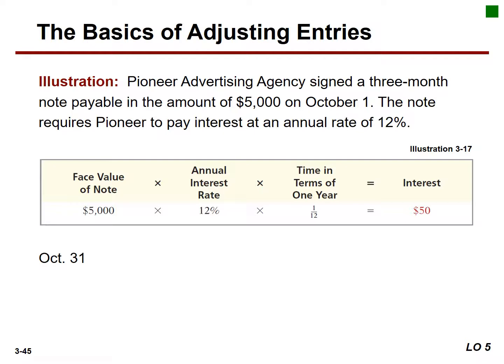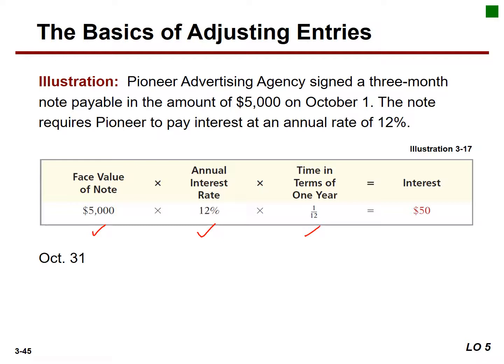Okay, if you will remember back in Chapter 2, Pioneer Advertising Agency signed a 3-month note payable in the amount of $5,000. They did that on October the 1st, and the annual interest rate on that loan is 12%. To calculate 1 month's worth of interest, which Pioneer has incurred during the month of October, we take the face amount of the note times the annual interest rate times time expressed in terms of a year.